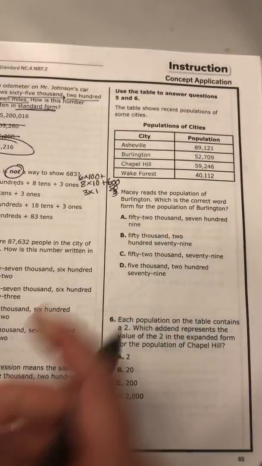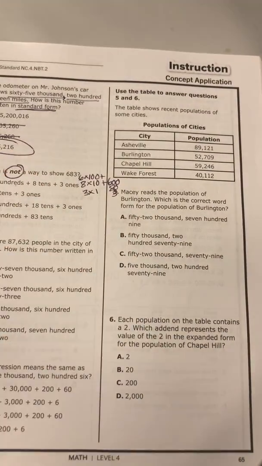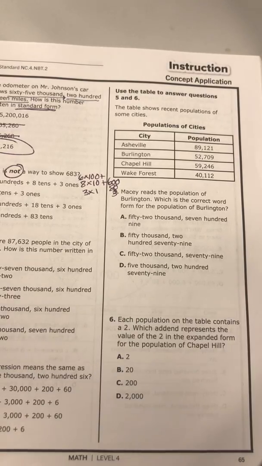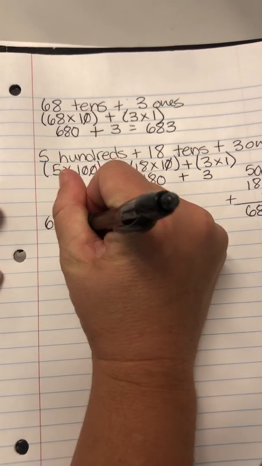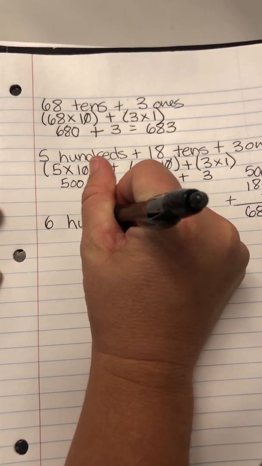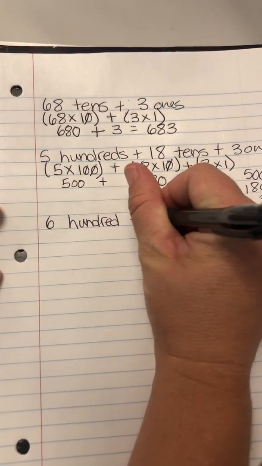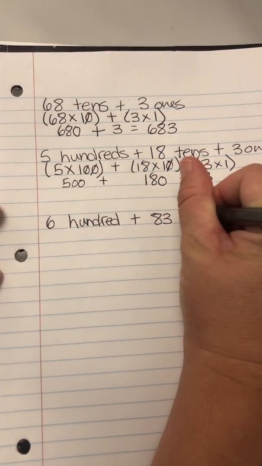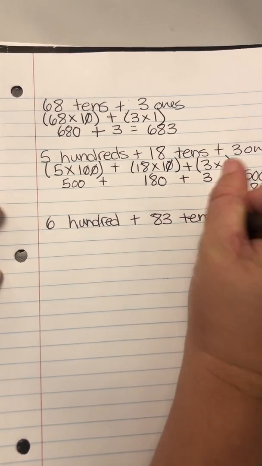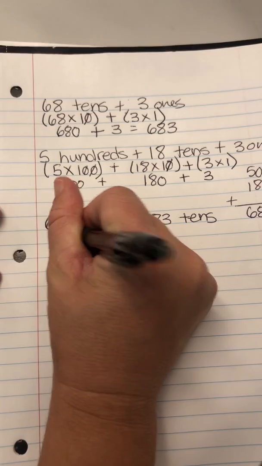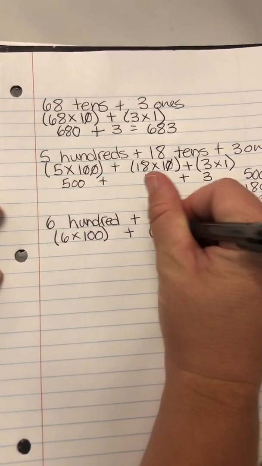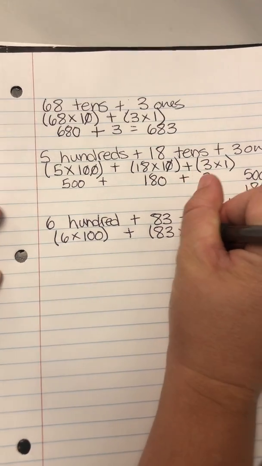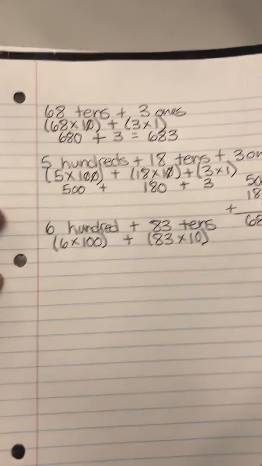Yes, so again, that one's not it either. So we need to look at 683 tens. So 600s plus 83 tens. So we'll say 6 times 100 plus 83 times 10.